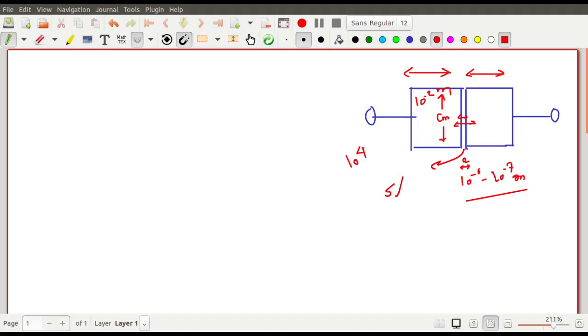We call this arrangement a slit. Now there is a particular type of slit which is also called the rectangular slit. Rectangular slit means you not only have to consider one of the dimensions, that is one side a, but you have to go through double integration. Double integration means you have to consider diffraction along the breadth and also along the length.